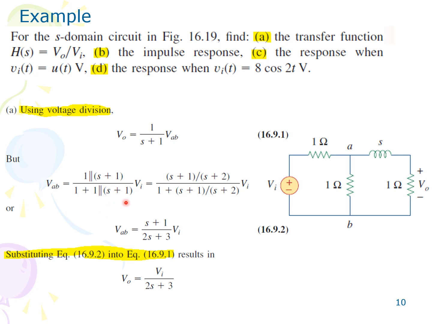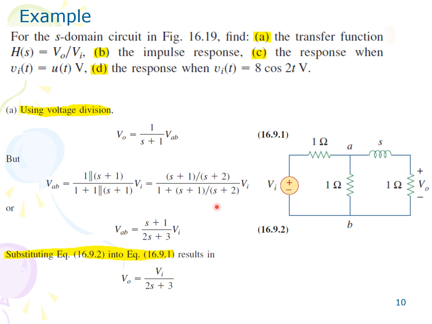Now if we apply the property of resistors and inductors connected in parallel and simplify it, we will get VAB equal to S plus 1 divided by S plus 2, divided by 1 plus S plus 1 divided by S plus 2, into Vn.